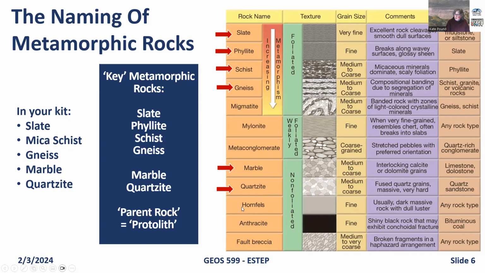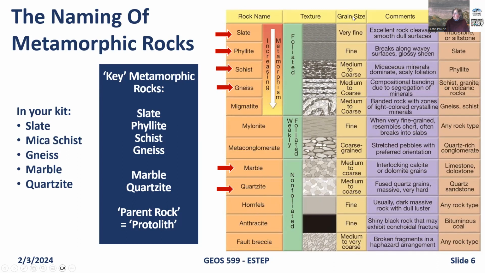And hornfels is a rock that has been contact metamorphosed, or metamorphosed near a magma chamber. Anthracite is coal. So we've got texture, and they've tried to put a visual texture image in here.